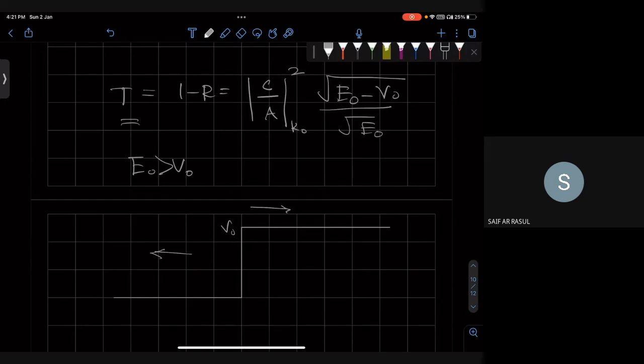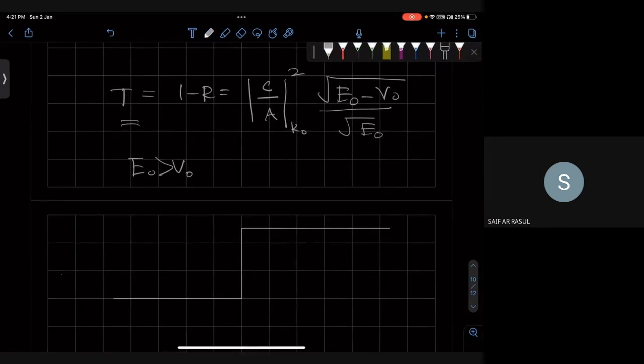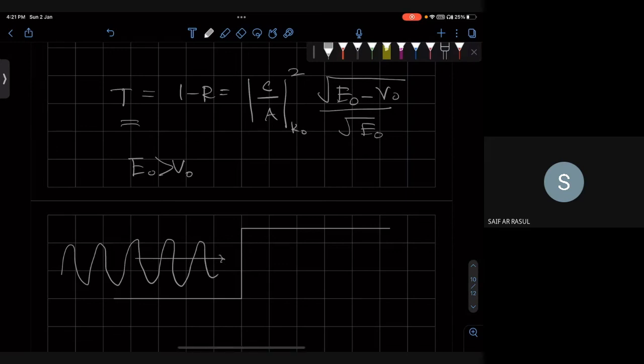But suppose that instead of a wave packet, I just have a monochromatic plane wave coming in. It's not a Gaussian wave packet, but an infinite plane wave, which has a very definite incident energy.